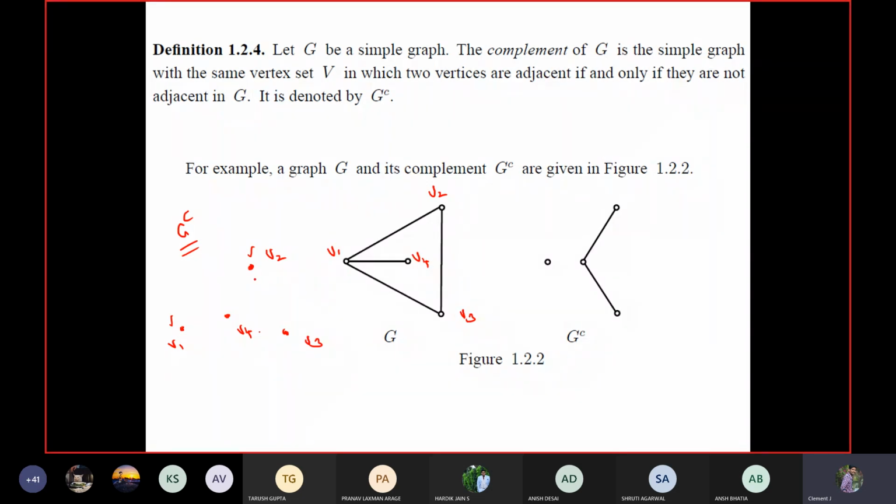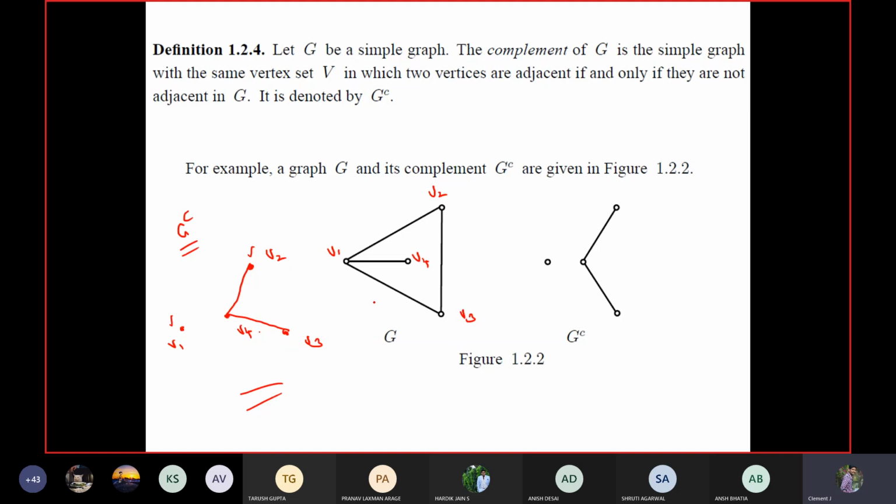V2 is connected with V1 and V3, but not with V4. So I should create an edge now. Next, V3. V3 is connected with all other vertices except V4. So I should create an edge between V3 and V4. Next, I can check V4. Yes, so I have created the edge between V2 and V4. So that is the concept.